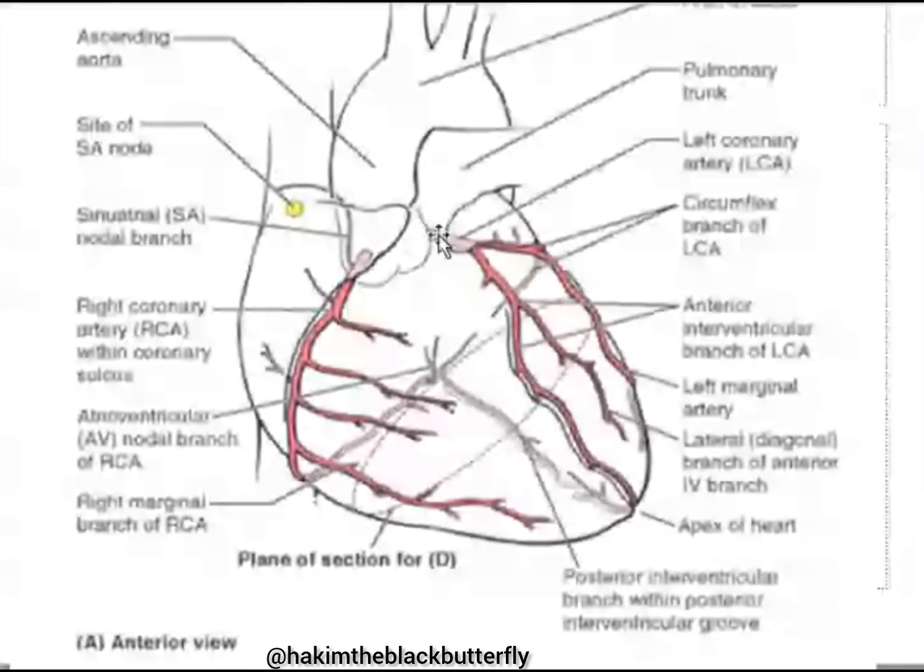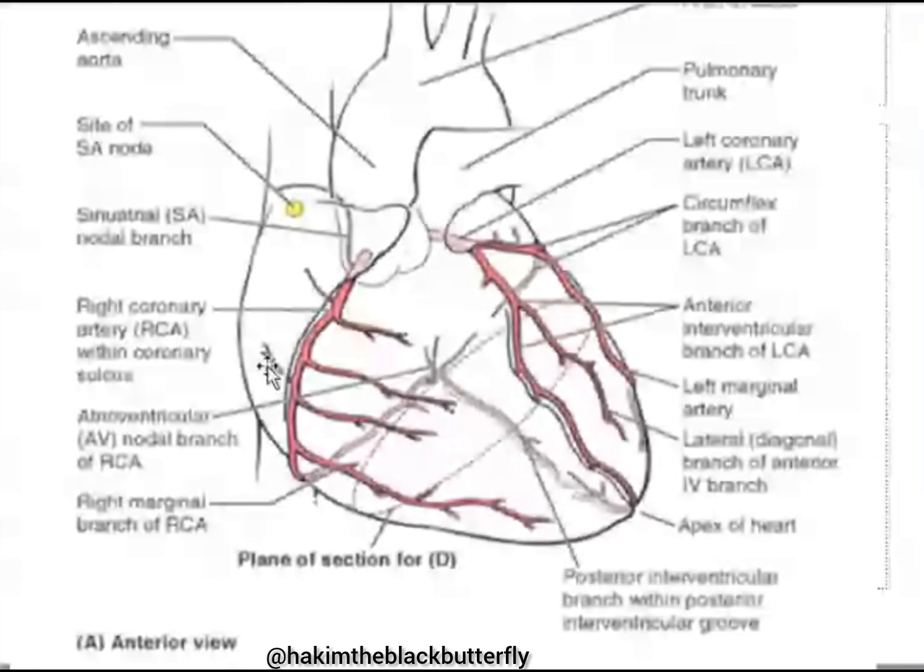We are going to follow the right coronary artery, then afterwards we are going to follow the left coronary artery, and you must be very attentive. Now, the right coronary artery picks oxygenated blood from the aorta. Remember, this extension is the right auricle.